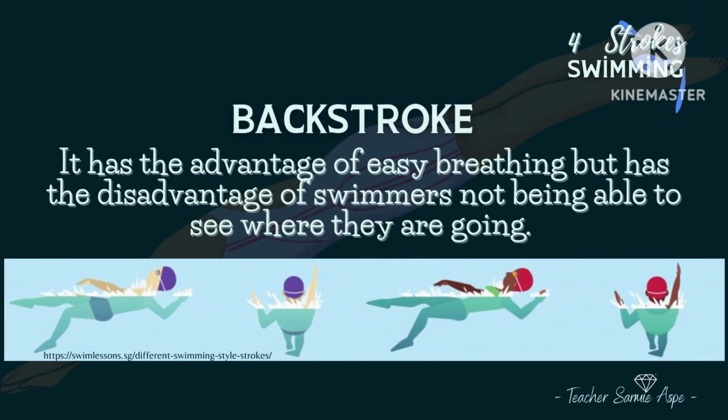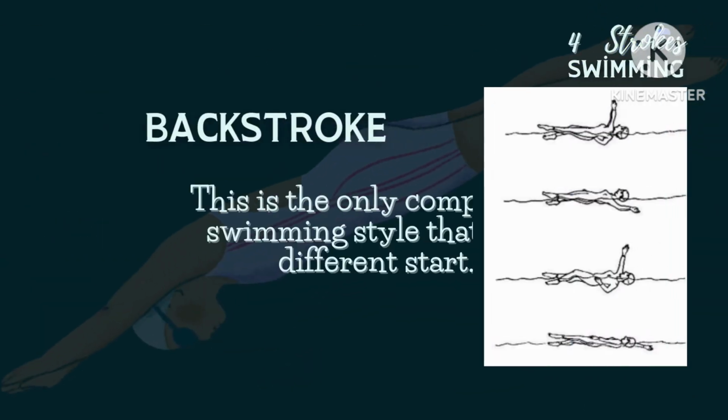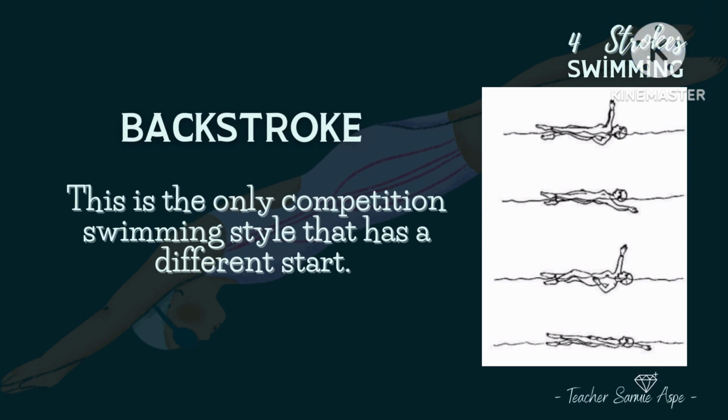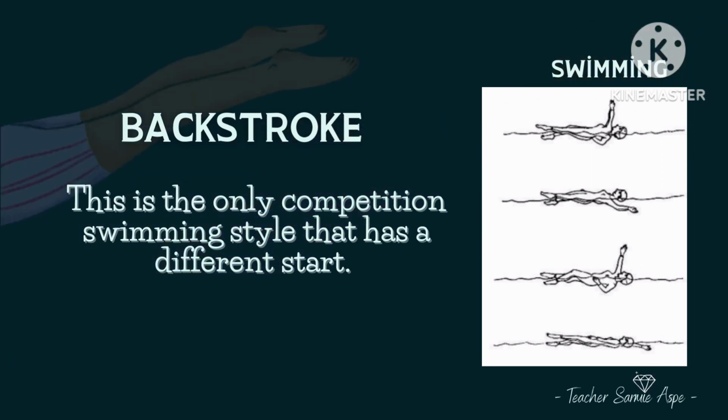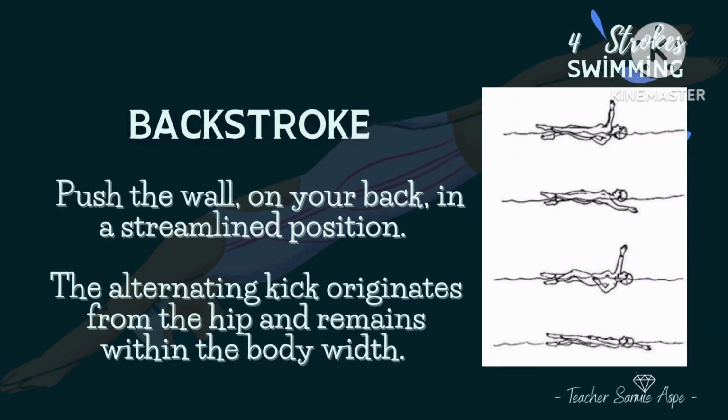Backstroke. It has the advantage of easy breathing but has the disadvantage of swimmers not being able to see where they are going. This is the only competition swimming style that has a different start. Push off the wall on your back in a streamlined position.